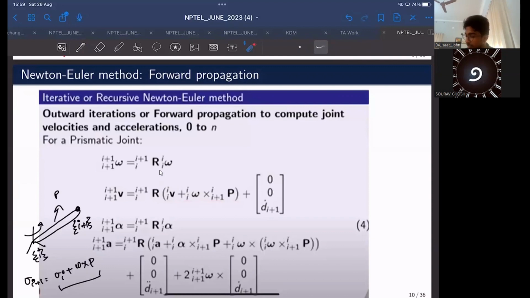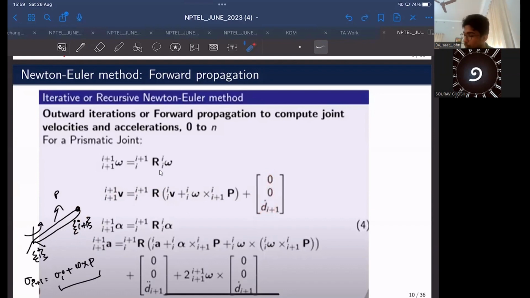But these are all expressed with respect to the ith frame, and we use this rotation matrix to bring it to the i plus 1 frame, just to make it recursive. That is how this equation comes. And because the i plus 1 frame will also have its own linear velocity, since the i plus 1 joint is a prismatic joint, there is also going to be a linear velocity component. That is why we have this extra 0, 0, d i plus 1 dot component over here.